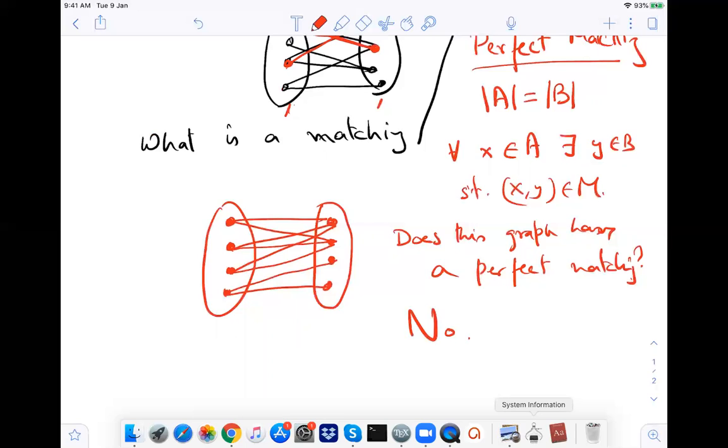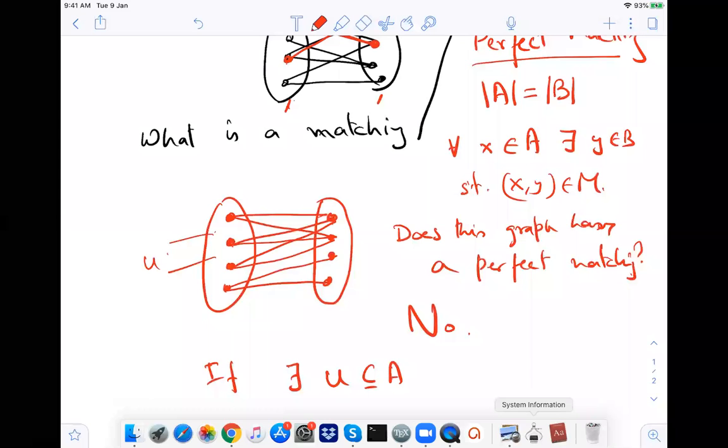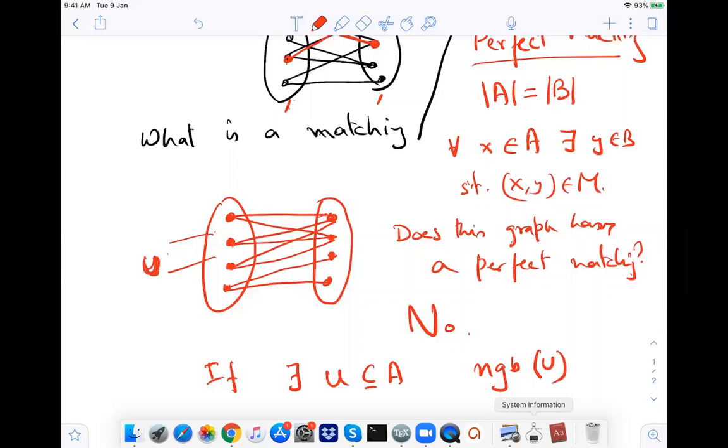And why? Because if there exists a subset, say U, which is a subset of A, such that you look at the neighbor of U. So U is a subset, not a vertex. What is the neighbor of U?